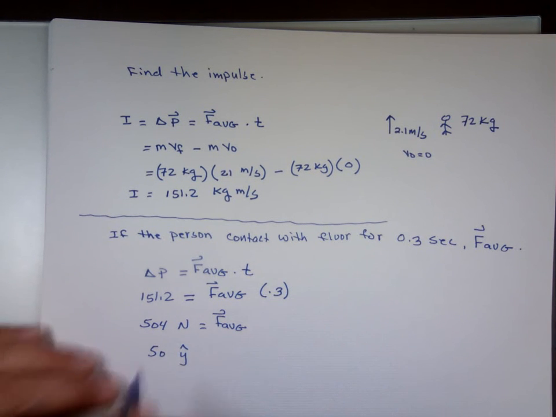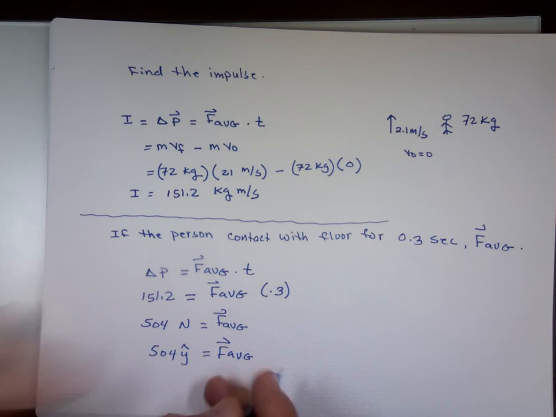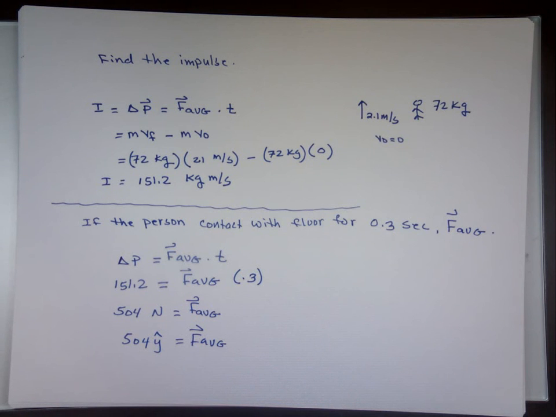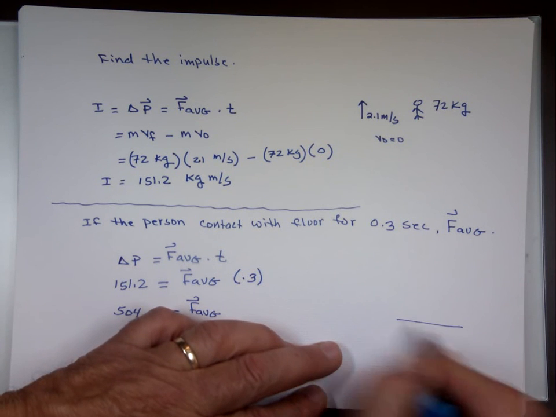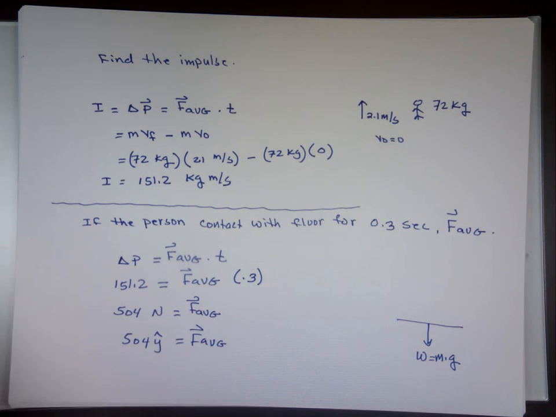That's the ground pushing up on you. Is this what the ground pushes on you? Not really. This is the additional force the ground pushes on you. Remember, when you're standing on the ground, your weight is down. Mass is 72, gravity is 9.8.